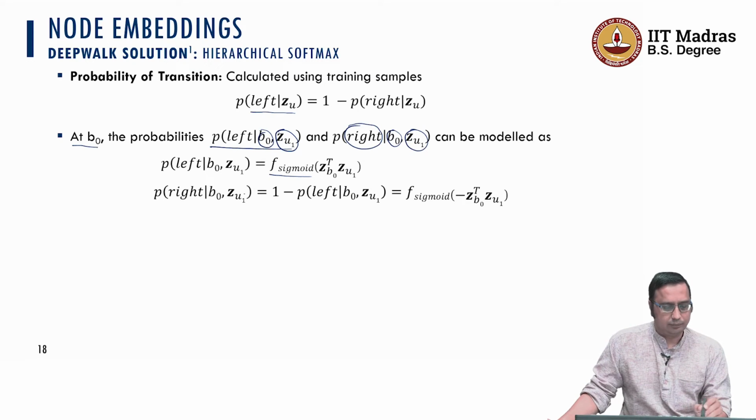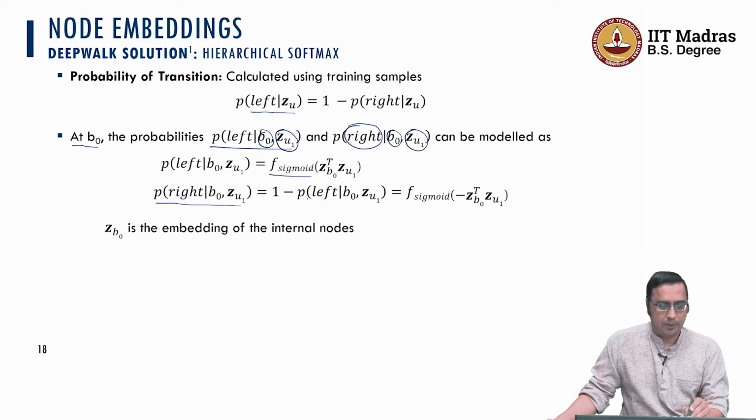If I do it that way, I can also get the right probability, because 1 minus left given B0, ZU1 is equal to sigmoid of minus ZB0 transpose ZU1. This is an interesting property of the system, and here ZB0 is an embedding of internal nodes, which we are going to learn from the training samples simultaneously.